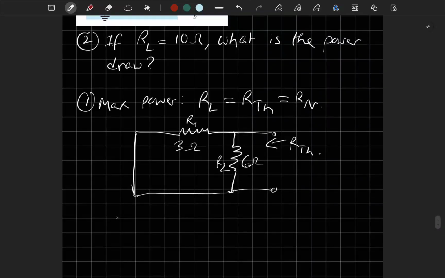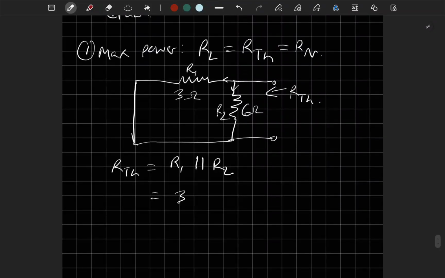So what do we have for RTH? RTH is equal to, these are parallel, so R1 parallel to R2, 3 parallel to 6, that's 2 ohms, I presume. Yeah, that's 2 ohms.